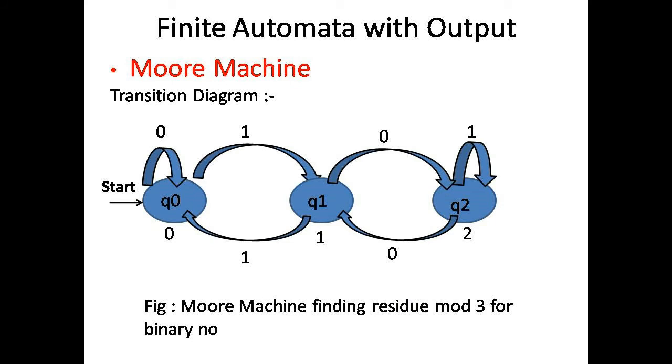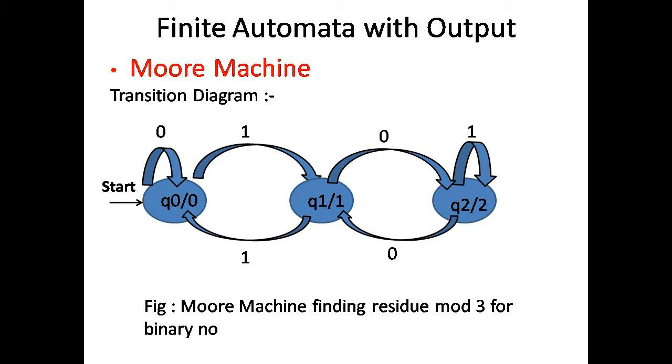The next step is the transition diagram for the Moore machine. In the diagram, along with every state, there is a symbol written below it, which is the output symbol associated with that state. By using the transition table, we can draw the transition diagram for the Moore machine, or we can draw this diagram in this form.